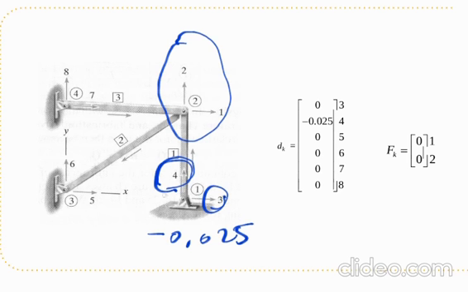Displacement at global number 4 is minus 0.025. And the others are fixed, so we don't have any forces or any settlement applied. So 5 will be 0, 6 is 0, 7 and 8 are 0.